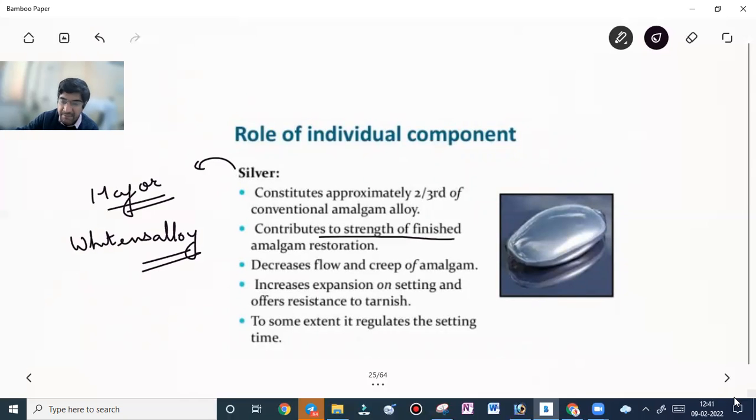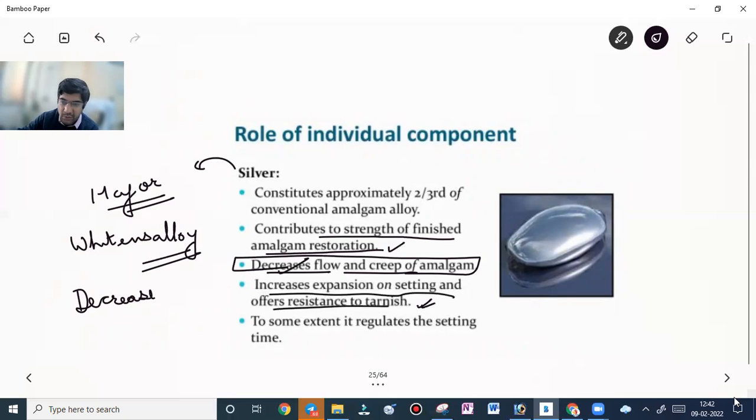So remember, the silver contributes to increased strength. It decreases the creep. So it decreases flow and creep of the amalgam. It increases the expansion on setting and offers resistance to tarnish. So it increases the tarnish resistance in the resulting amalgam.